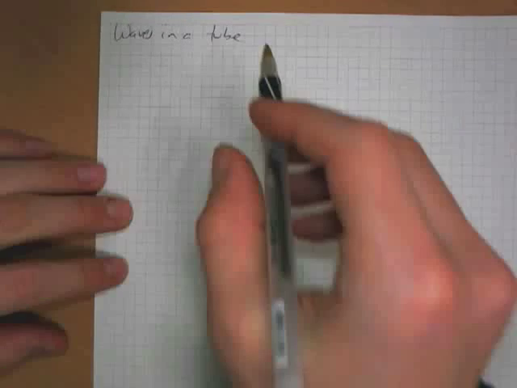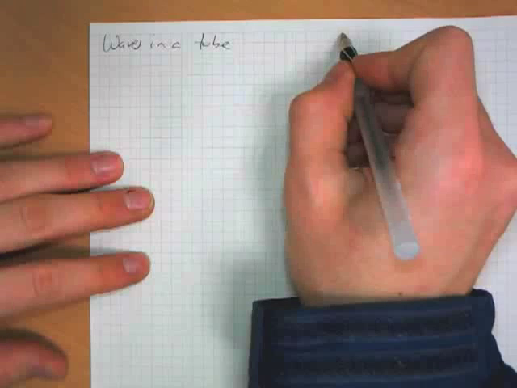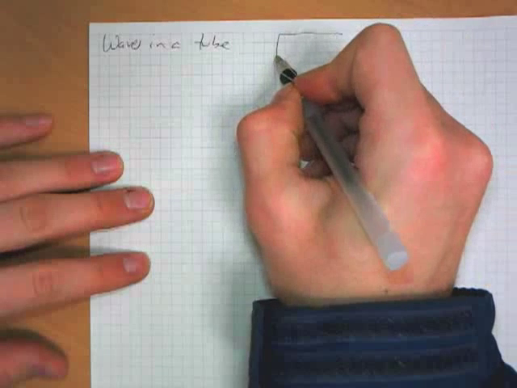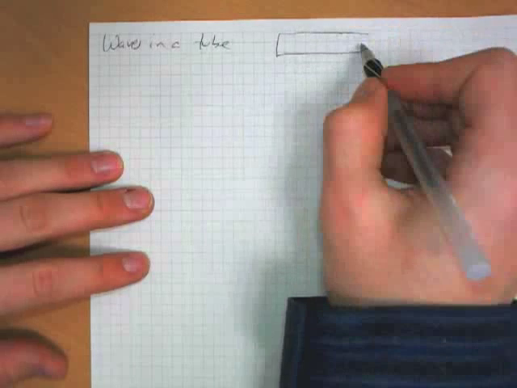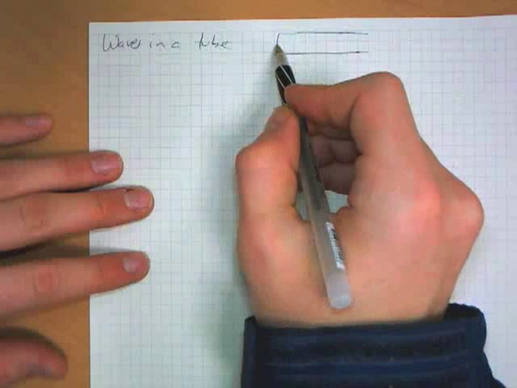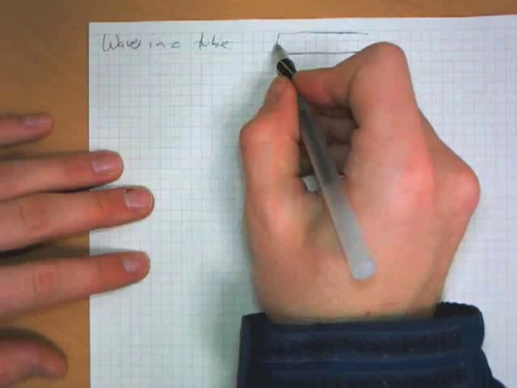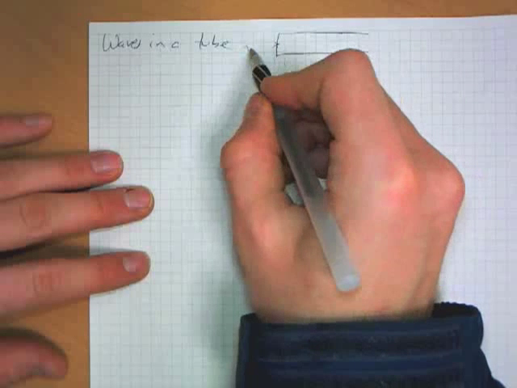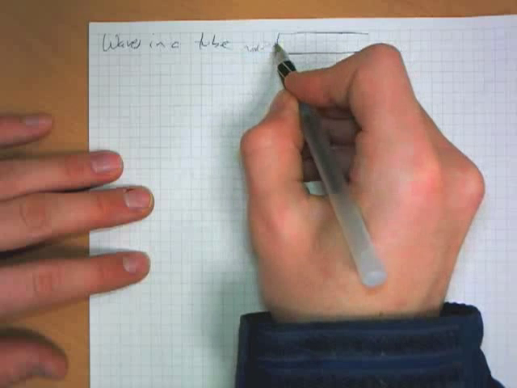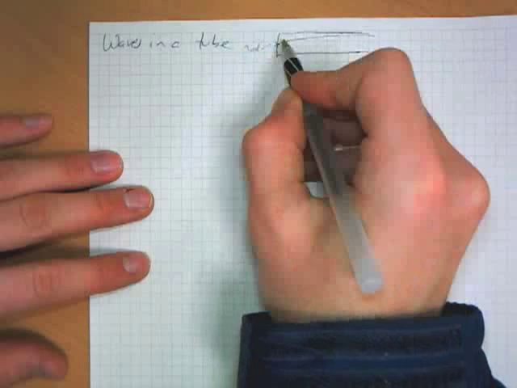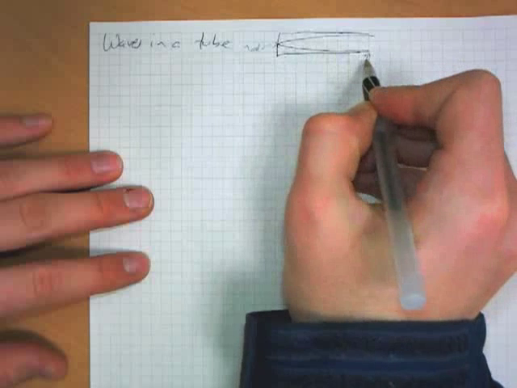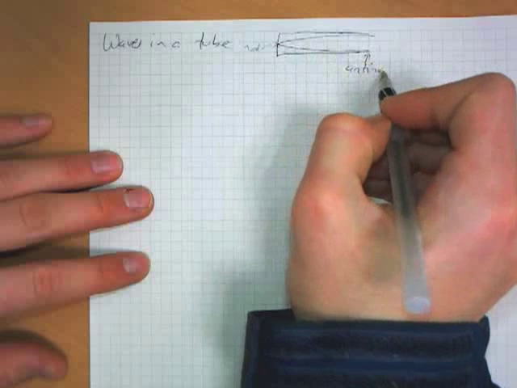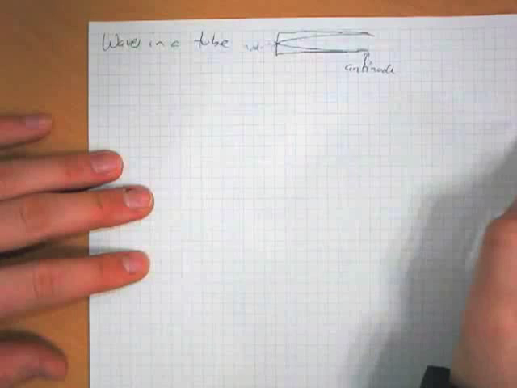In a closed tube, the wave created is such that this end is anchored. It's a node. We have a node at the closed end of the tube and an antinode at the open end of the tube.